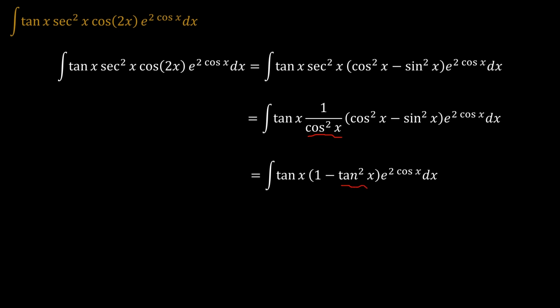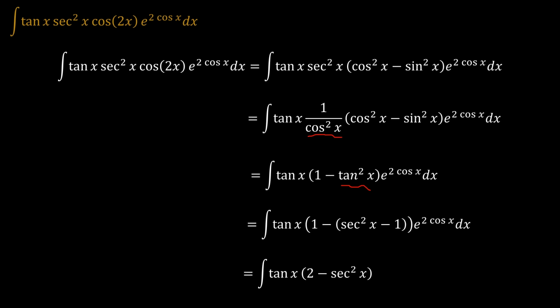Now this tangent squared x can be expressed as sec squared x minus 1. So when we simplify things further, we have tan x times, in brackets, 2 minus sec squared x, times e to the power 2 cosine x.